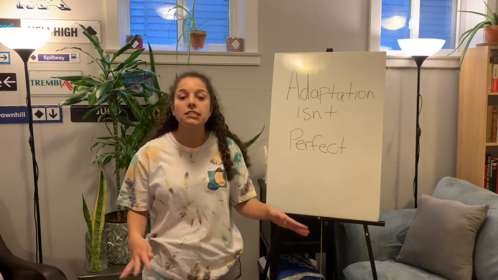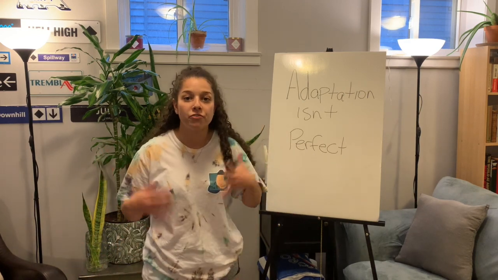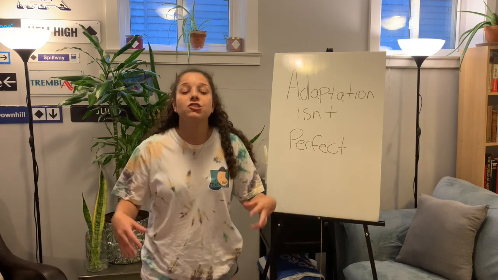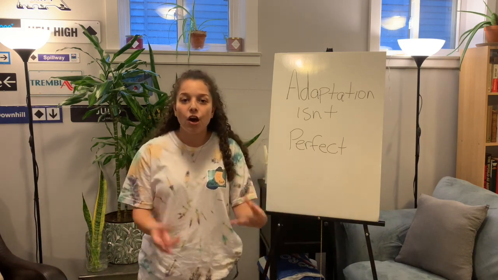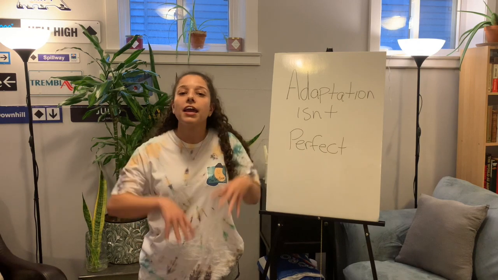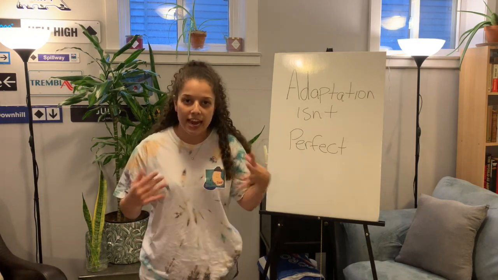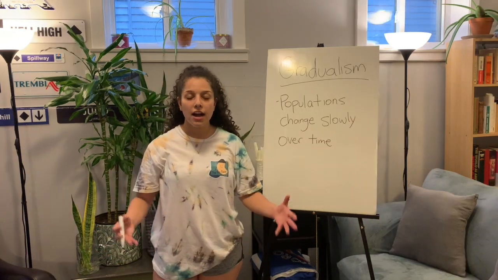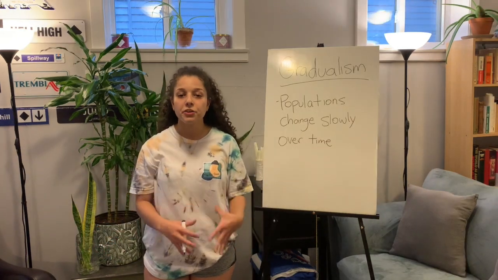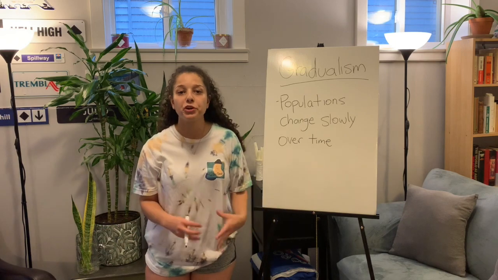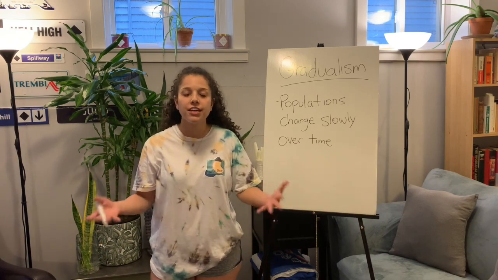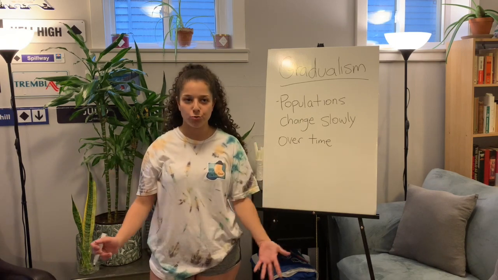So the animal doesn't decide that it wants to evade AZT. It just so happens that there happened to have been a random mutation, and that gave that specific HIV the ability to evade AZT. So another aspect of Darwin's theory of descent with modification, or theory of evolution by natural selection, is the concept of gradualism.